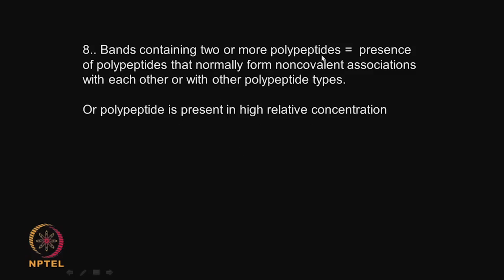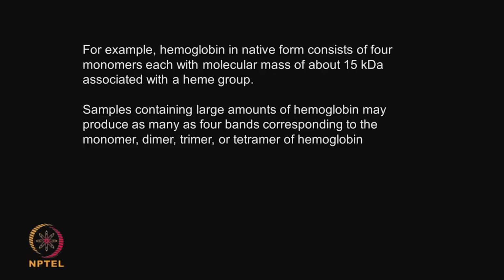Bands containing 2 or more polypeptides mean the presence of polypeptides that normally form non-covalent associations with each other, or a polypeptide present in high relative concentration. So, these are various ways by which you could draw conclusions by looking at the bands that appear in your SDS gel.